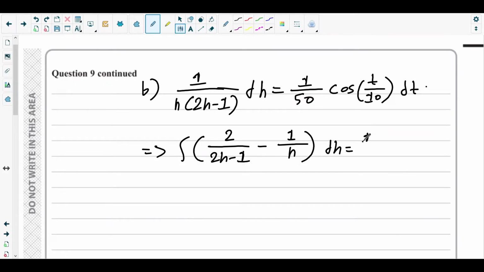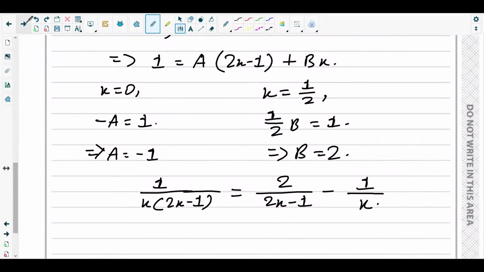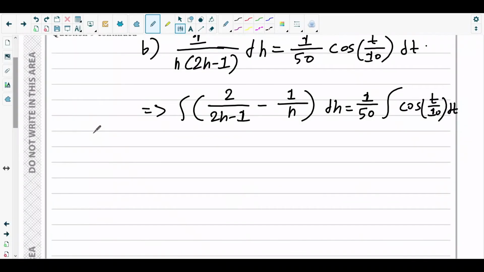And take the constant 1 over 50 outside the integral, so you get the integration of cos(t/10) dt. Let me double check: 2 over (2h minus 1) minus 1 over h. Exactly. Now all about integration.